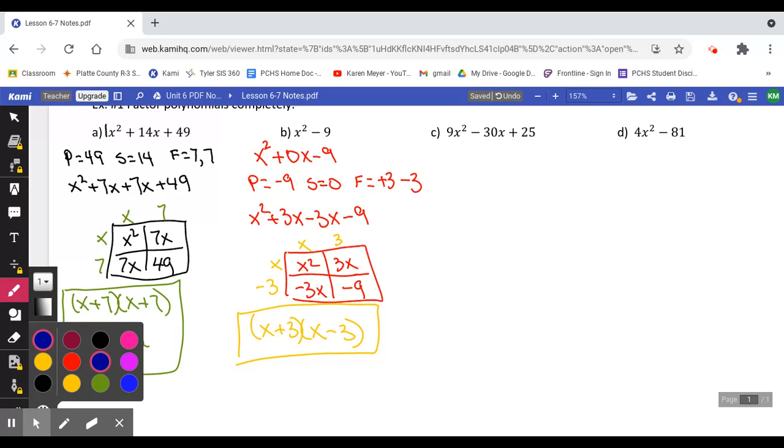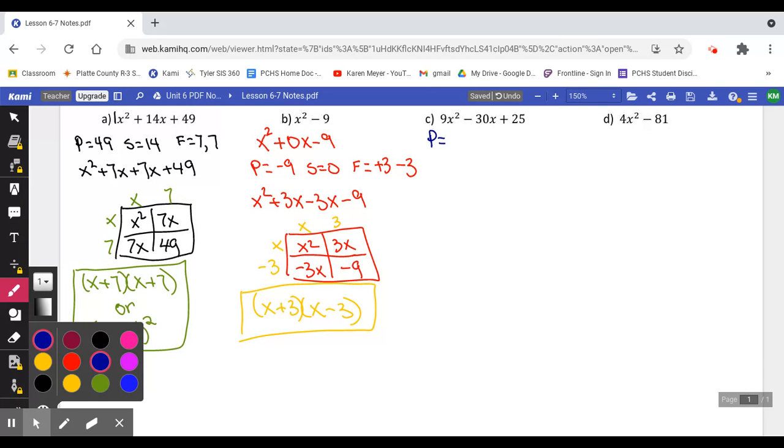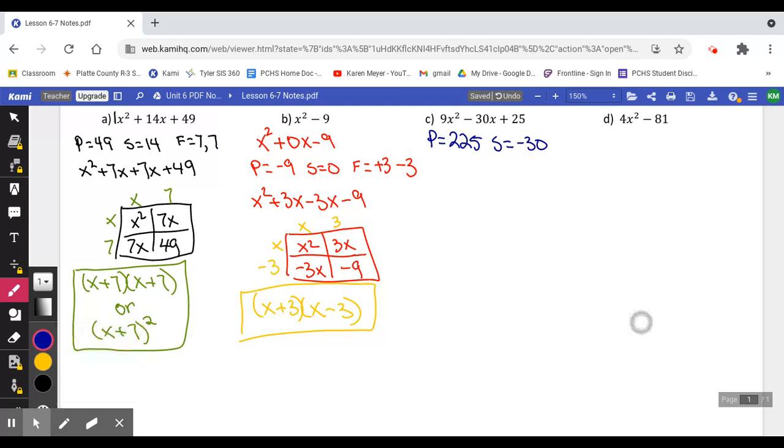Next problem. Is there a GCF? Nope. So product would be 9 times 25, which is 225. Sum is negative 30. So what multiplies for a positive 225 and a negative 30?